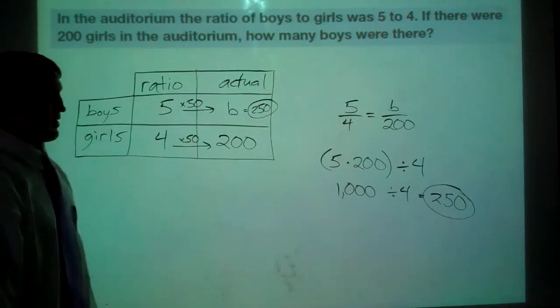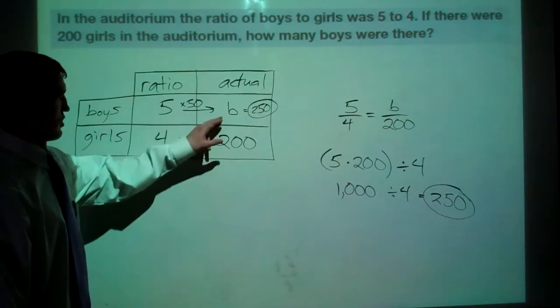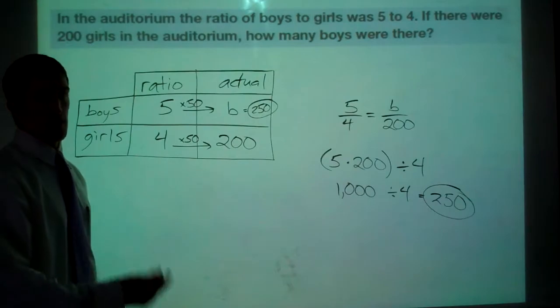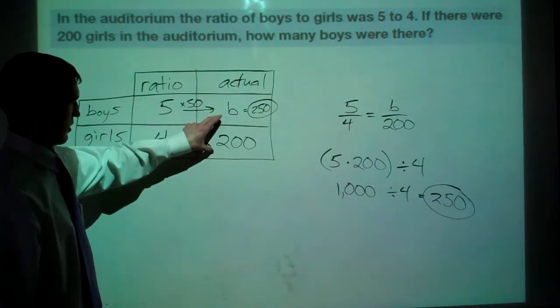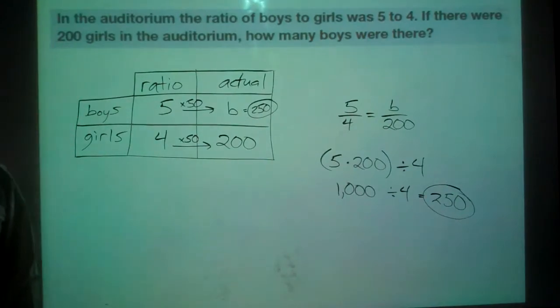Okay, and once we get further into things, now, if we look at it, we know how many boys there are, we know how many girls there are. We could actually figure out how many total people were there by adding these two together. 250 plus 200, and we could do some things like that. So that's kind of our future, but we'll stop with this today and go over more of it tomorrow.